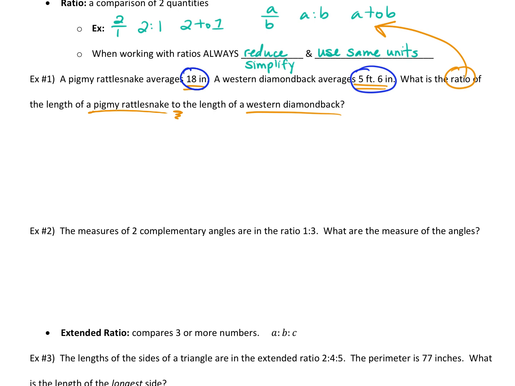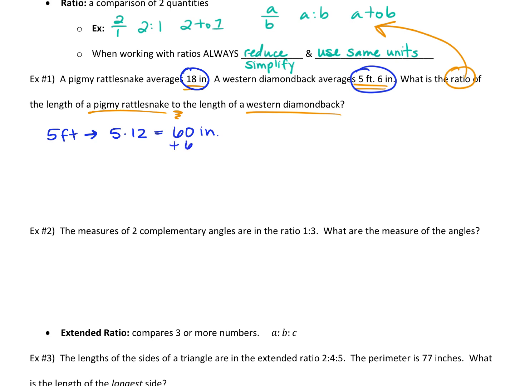So you could call it 1.5 feet to 5.5 feet, but you can't leave a ratio with decimals in it. So then you'd have to double everything, and then you could reduce, and it's just ugly. So yes, you could do it that way. I don't recommend it. I would say I know 5 feet is going to be 5 times 12 or 60 inches. So how long is a western diamondback?